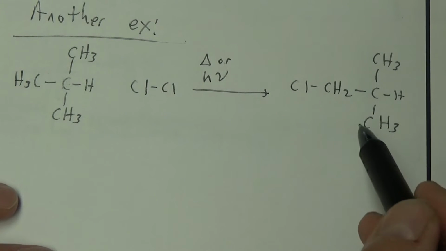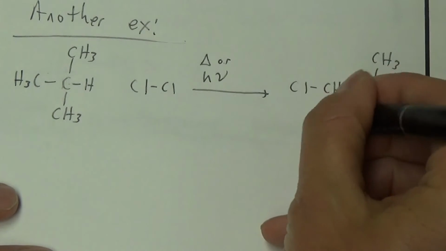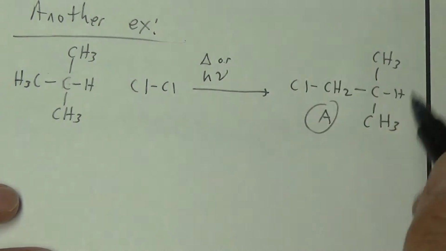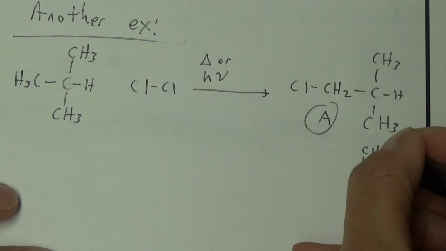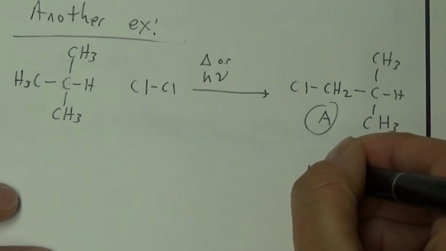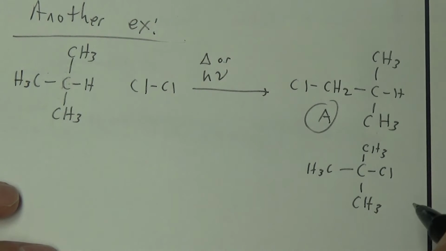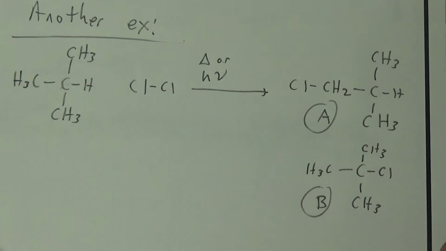Of course you could chlorinate the outside carbons, and we'll call this A. You could also chlorinate the inside carbon. What letter should we give that? Maybe we'll give it B. All right, so we make products A and B.